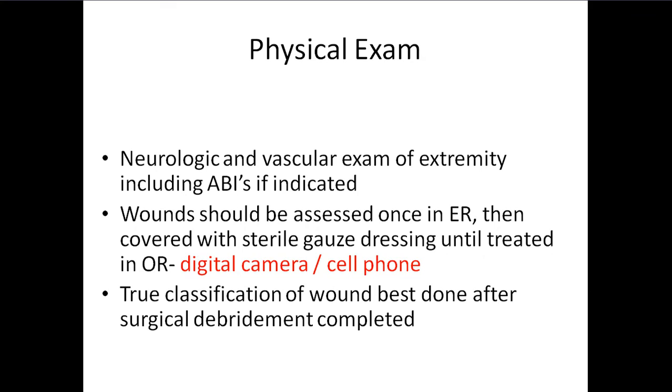Otherwise, with blood loss the patient will go into hypotension, hypovolemic shock, and death. So do that first, assess the wound, and then cover it with sterile gauze without exposing it.